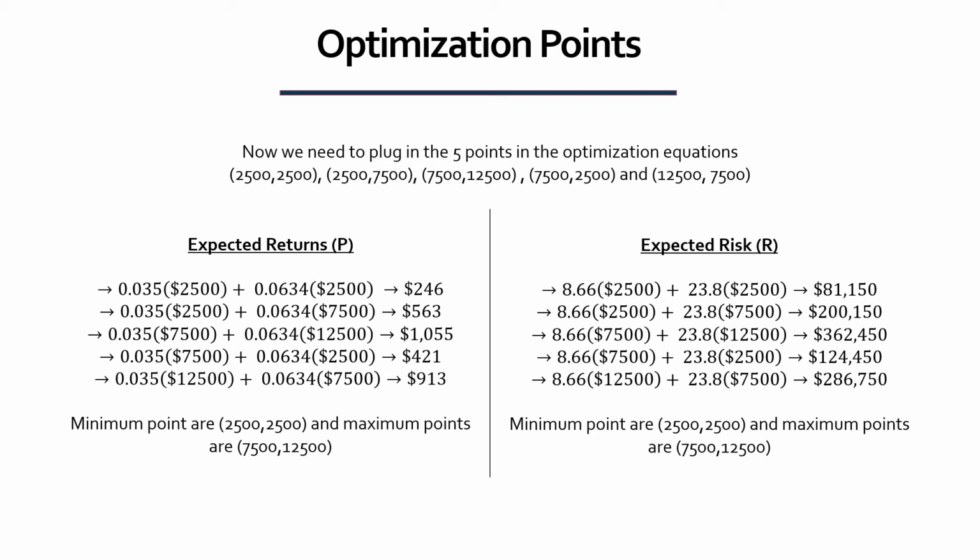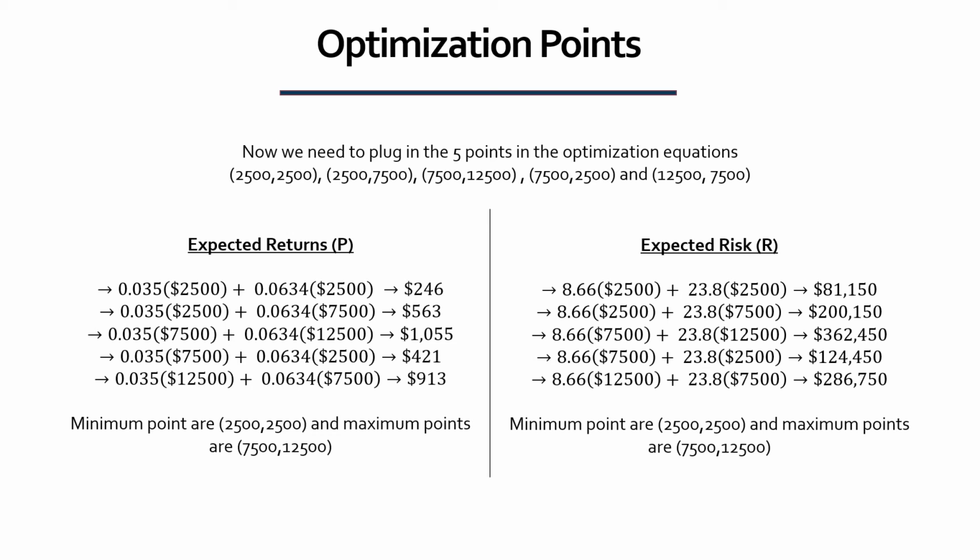So for our optimization points, right here what we're doing is we're finding out how to maximize our returns and also mitigate our risks. And so what we're doing is we're taking those 5 corner points that we got from graphing out our feasible region, and we're plugging those corner points into our objective functions. And so the return objective function was 0.035x plus 0.0634y for the returns.